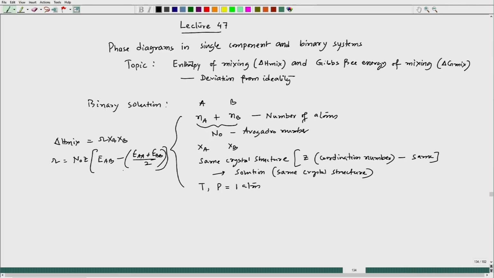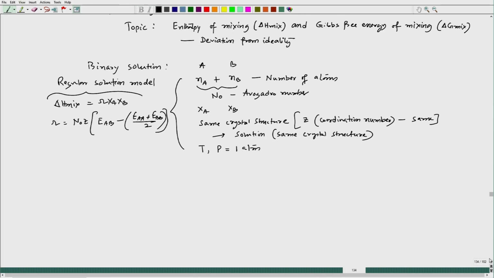This is done on the framework of the regular solution model. We have also seen if this value is positive, then definitely like atoms would like to form bonds.